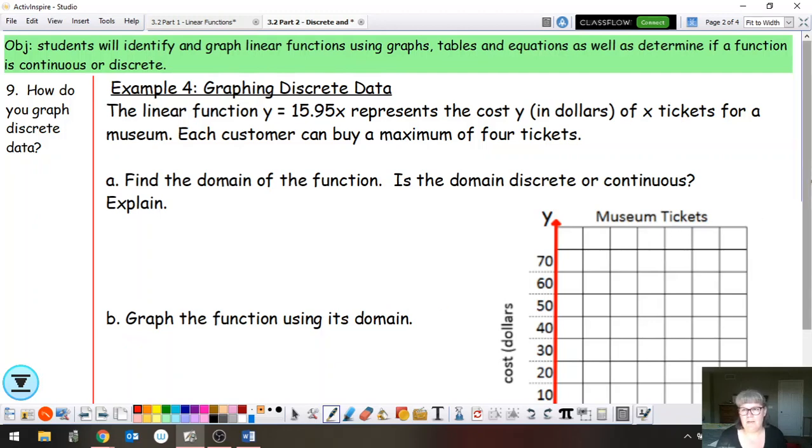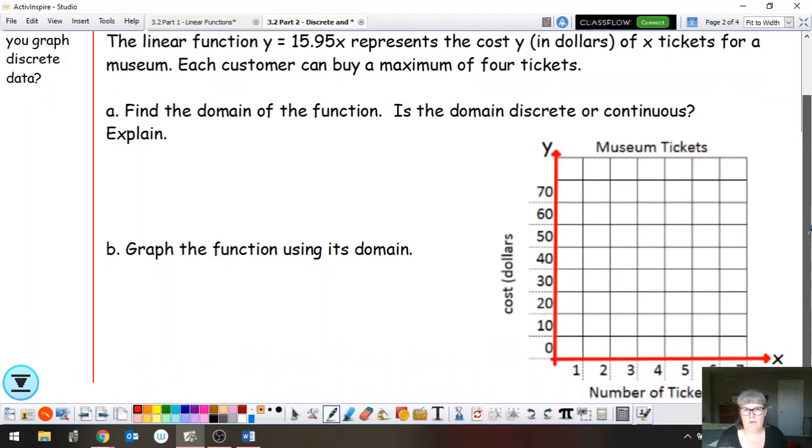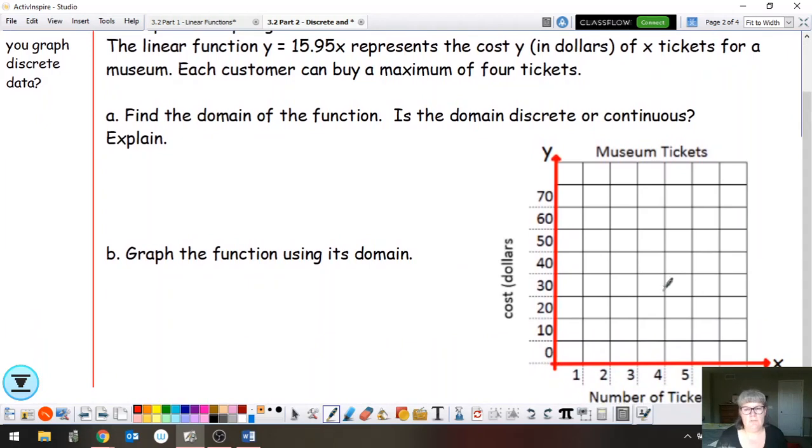Well, if you're buying tickets, are you going to buy a whole number of tickets, or can you buy a partial number of tickets? For example, can you buy 1.25 tickets? Can you buy 2.36 tickets? No, you have to buy a whole number of tickets. So this is going to be an example of a discrete domain.